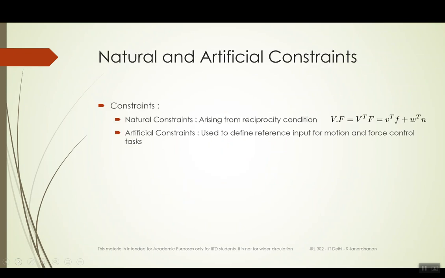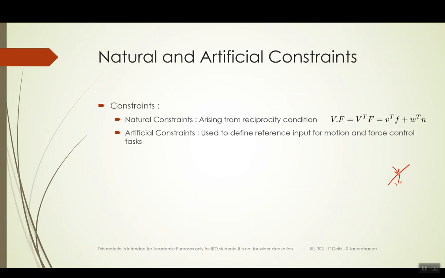At the start of the lecture, we were working on the concept that when a manipulator is interacting with an environment, there are some directions in which velocity is restricted and some directions in which force can be applied.